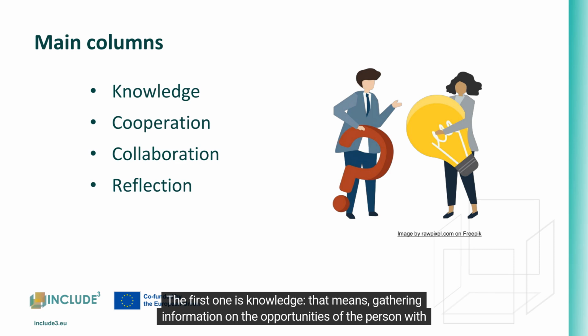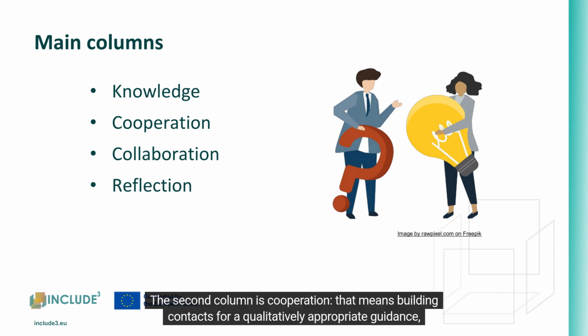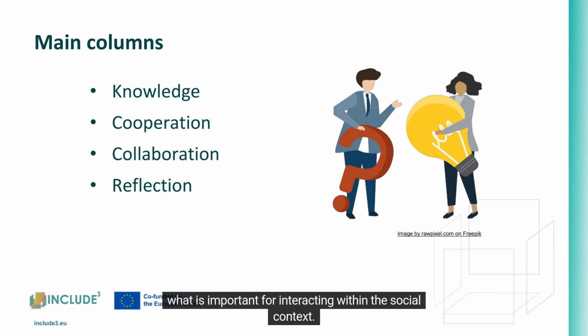The networking part of the Include3 method stands on four main columns. The first one is knowledge. That means gathering information on the opportunities of the person with disabilities, such as trainings, financings, and so on, new mentoring programs, or special offers of institutions or employers. The second column is cooperation. That means building contacts for a qualitatively appropriate guidance, which is important for interacting within the social context.